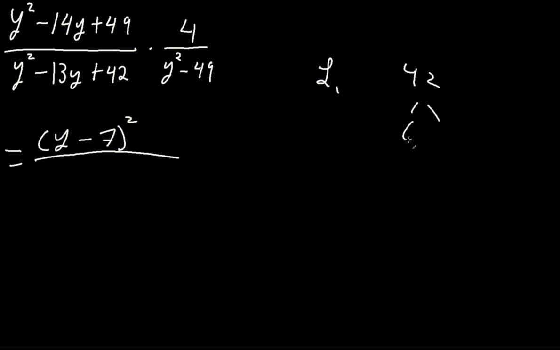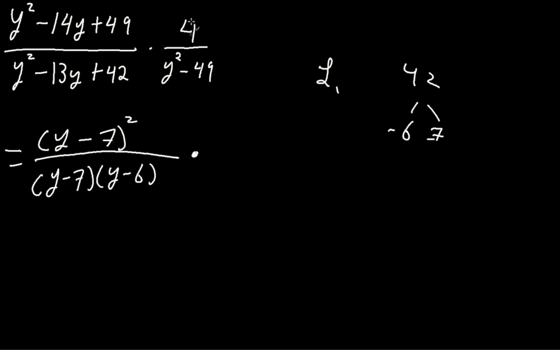So 6 and 7 is going to work. We need them both to be negative, so they'll multiply to a positive number and add to a negative number. So I can factor this as y minus 7, y minus, not 3, but 6.